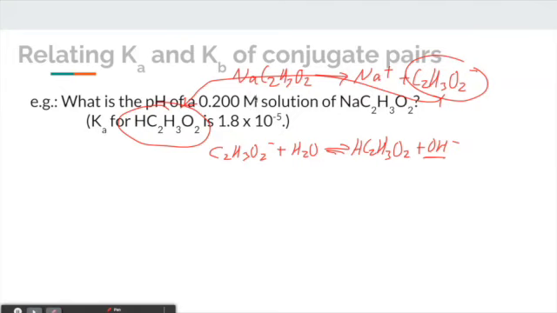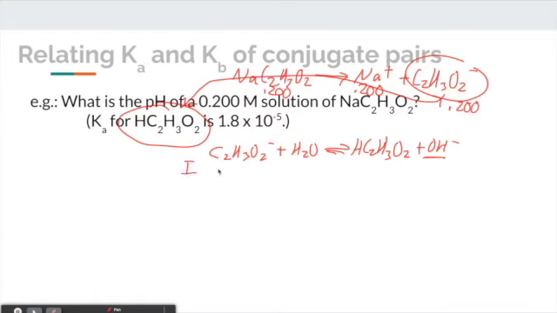All right, if we had a 0.200 molar sodium acetate, that's the name of this ion, solution, and it's 1 to 1 to 1, that means the concentration of sodium ions is going to be 0.200, which we don't care about, but the concentration of acetate ions is also going to be 0.200, and we do care about that.